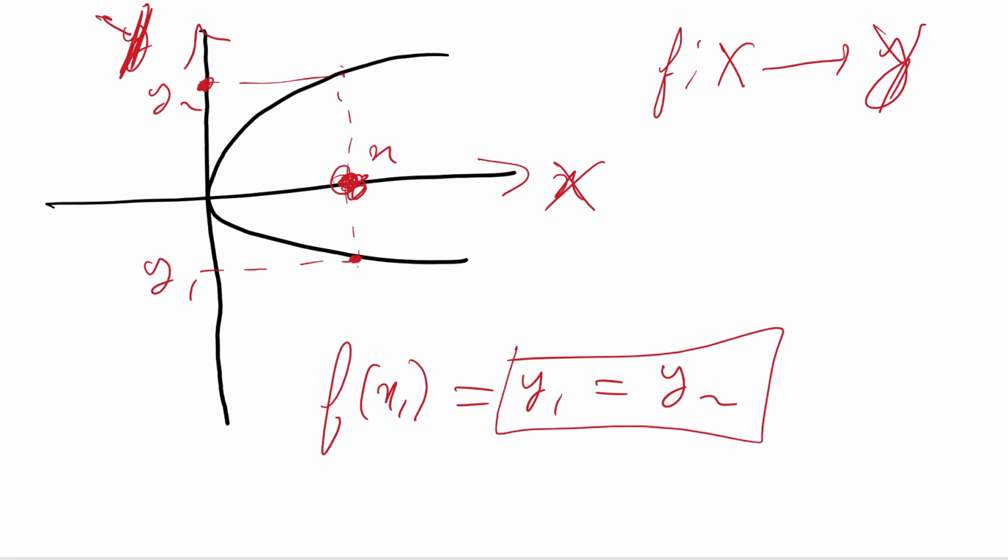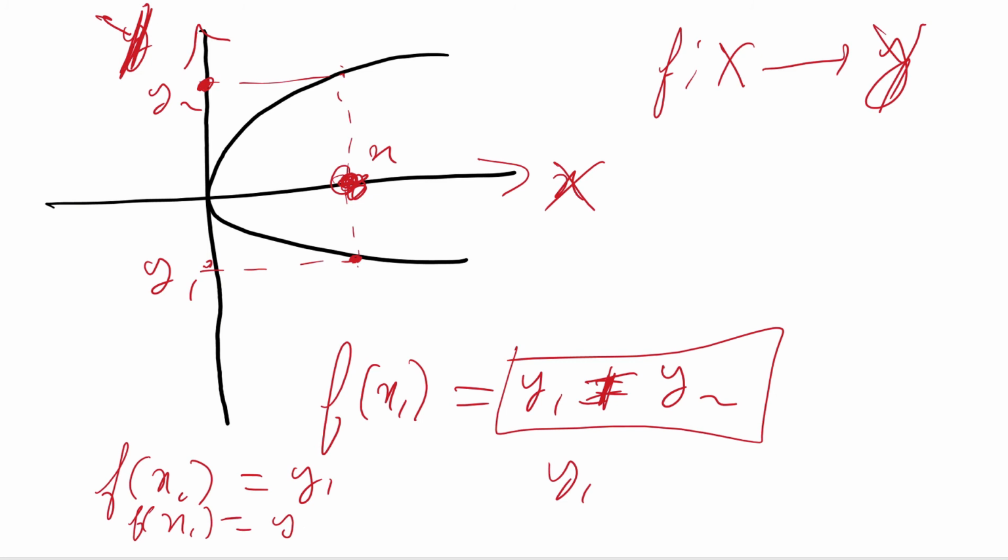So we have y1 and y2, which are different, right? We can see that they are different from here. So we have f of x1 equal to y1, and f of x1 equal to y2, but these two are different, right? So we cannot say that this is a function.